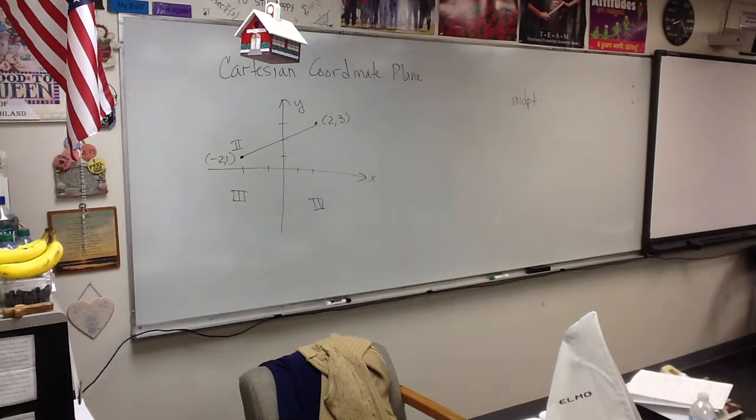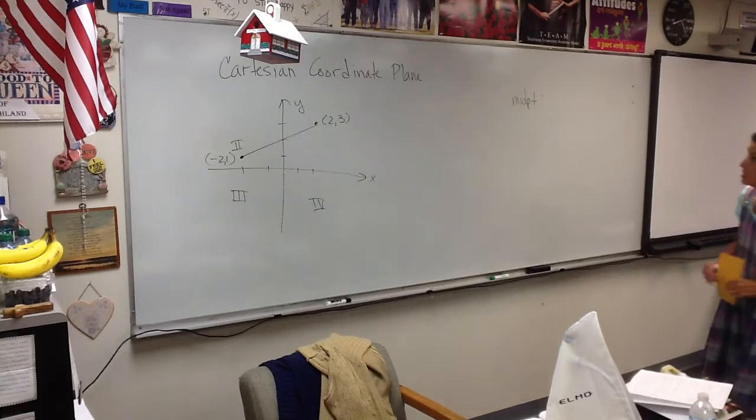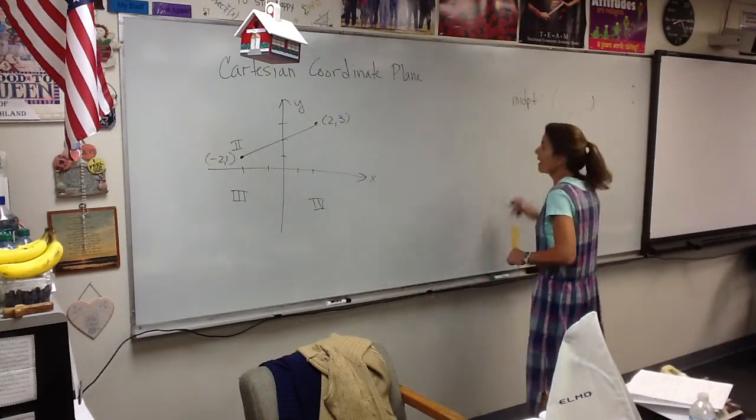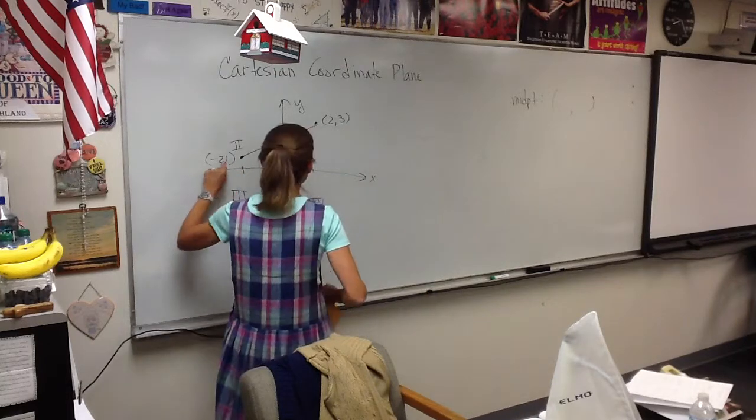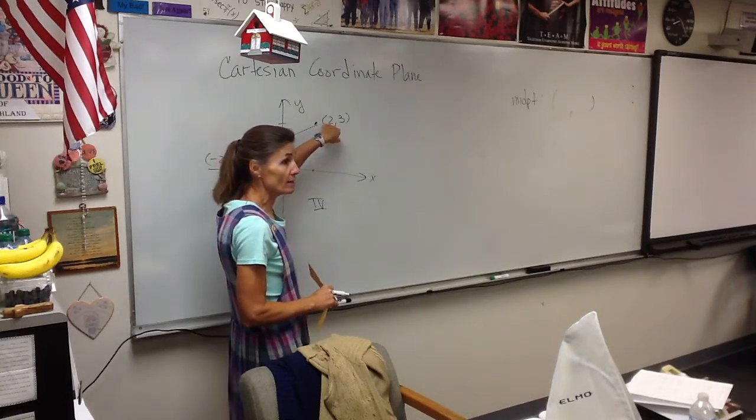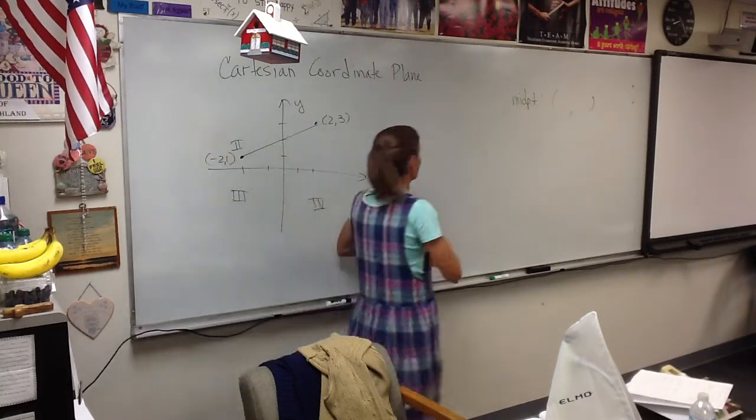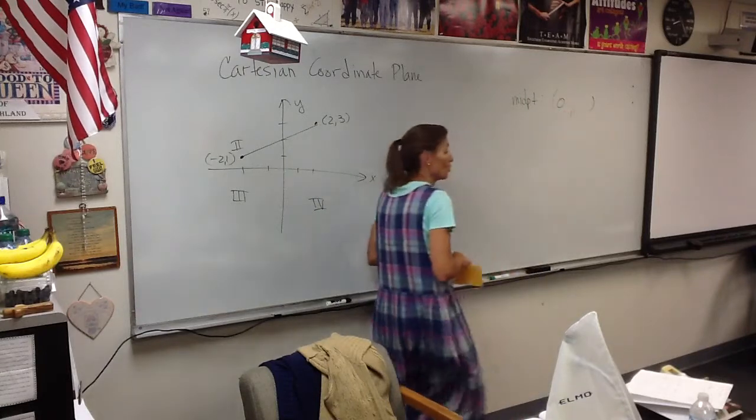And how do I average things? You add them and divide by 2. What does the midpoint formula tell you to do? Add them and divide by 2. Midpoint is average. So if I'm going to average my x's, -2 plus 2 is 0, divided by 2 is 0. So my x-coordinate is 0.